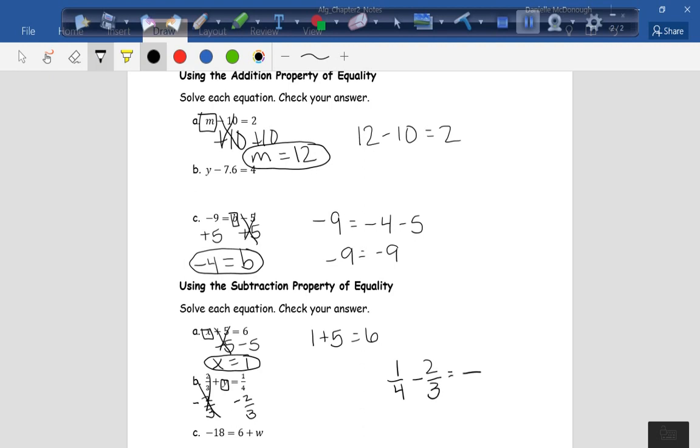So we have to find a common denominator, which is going to be 12. And 1/4 is equal to 3/12, and 2/3 is equal to 8/12. When I subtract this, I am going to get a negative 5/12. So y is equal to negative 5/12.